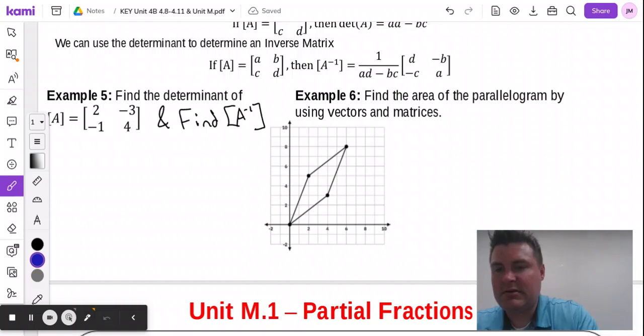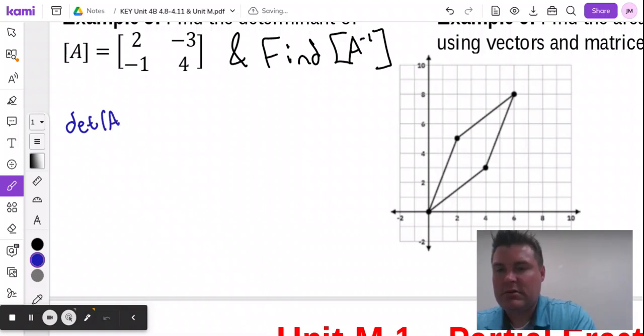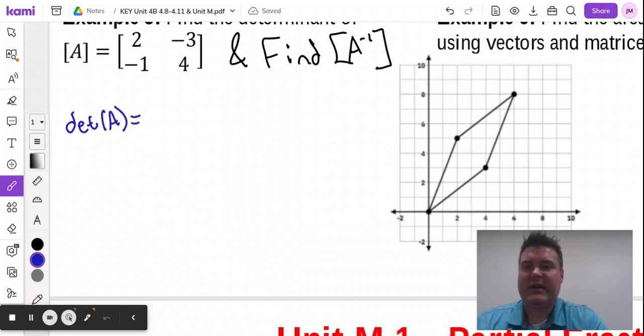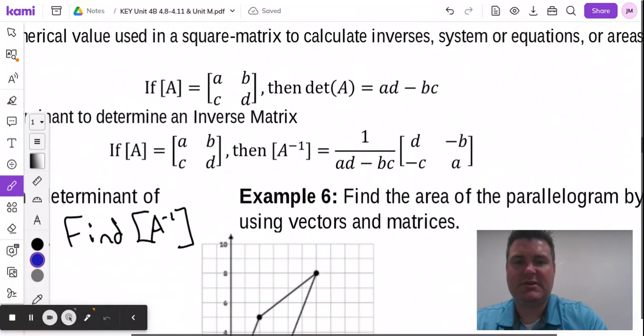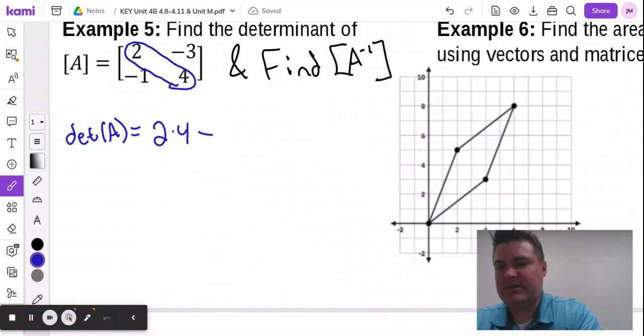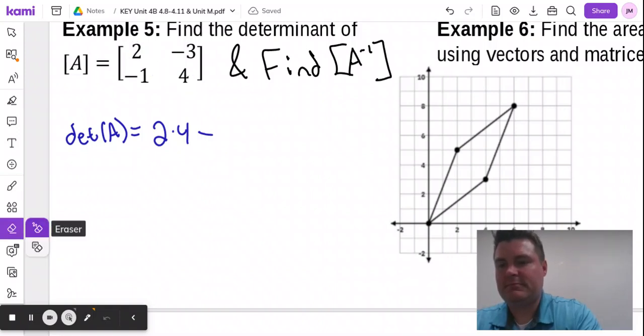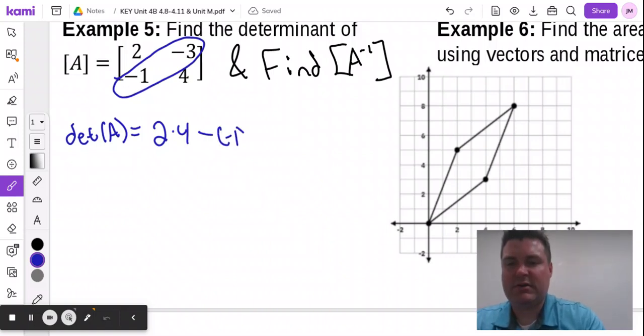The determinant of A is going to be when I multiply the diagonals by each other. So I'm going to do 2 times 4 minus, because it's a minus sign up here, the determinant, you can see it right in the middle, minus these diagonals being multiplied, so it's going to be negative 1 times negative 3.